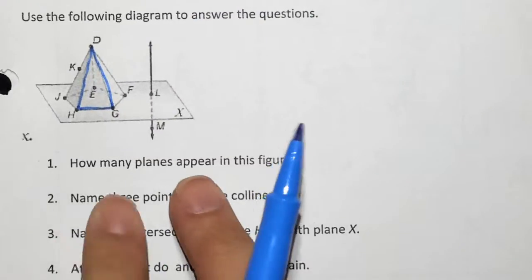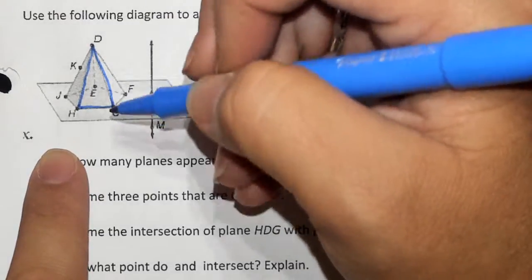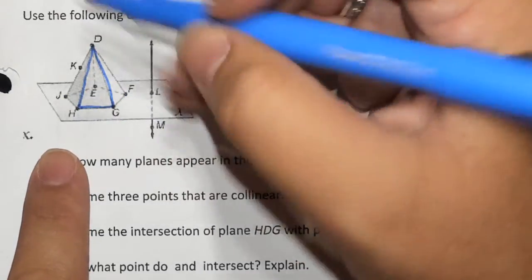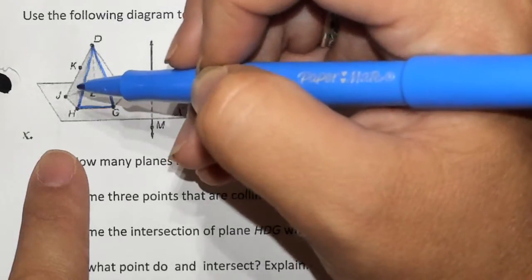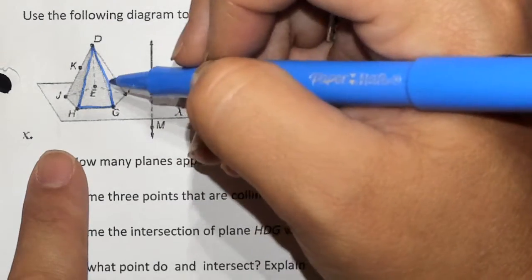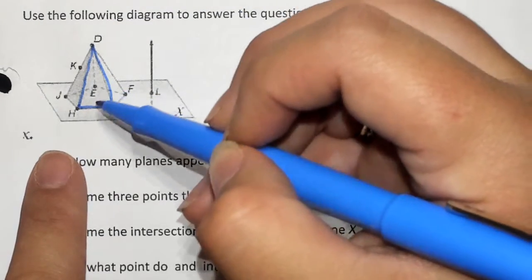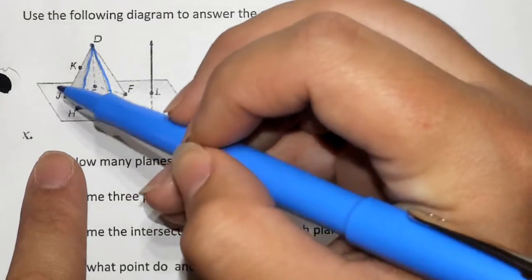So how many planes appear in this figure? Well, 6, 7. Okay, so you counted this figure, right? You got sides. 1, 2, 3, 4, 5. Do we agree on that? How many sides are right here? We have 5. Now, I bet you that someone counted this as 6 and this is 7. But guess what?